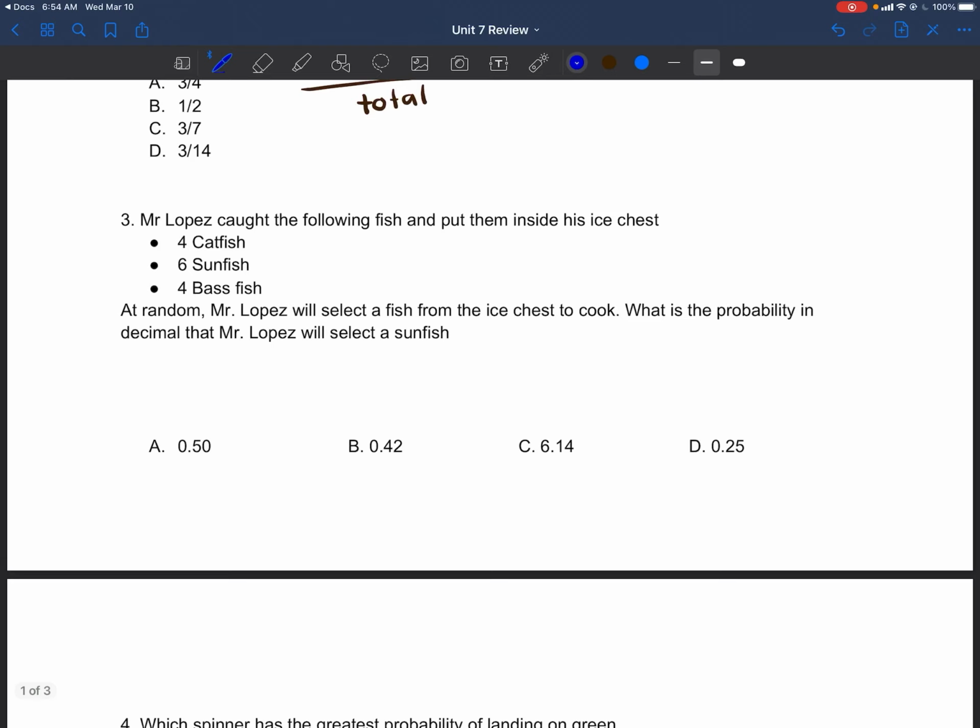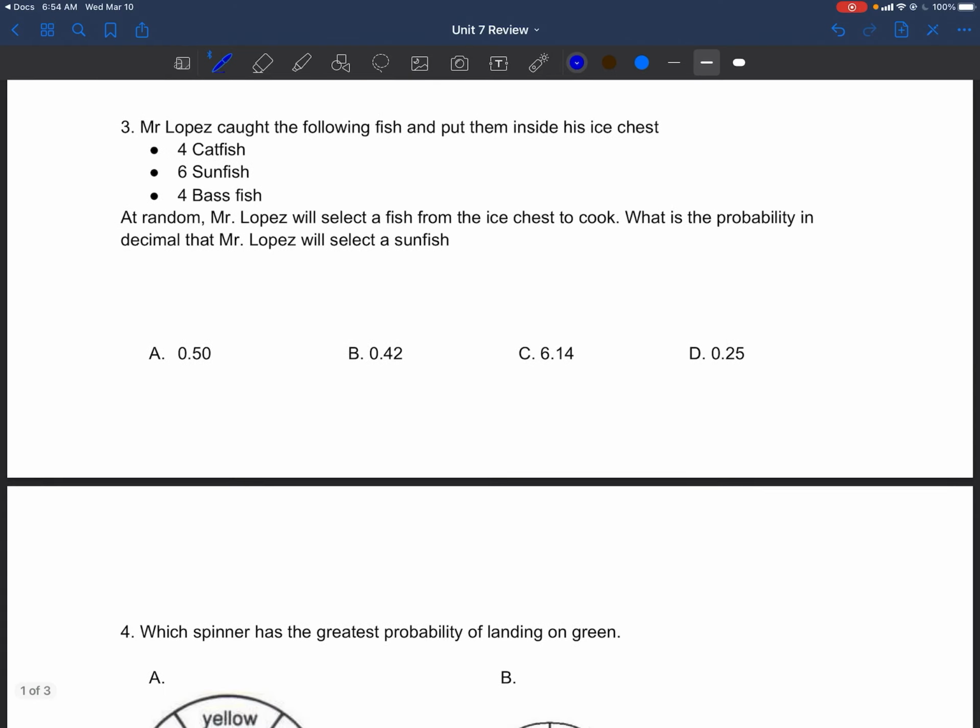Number 3. It says Mr. Lopez caught the following fish and put them inside his ice chest. We have 4 catfish, 6 sunfish, and 4 bass fish. I think that's how you pronounce it. Bass. Anyways, the point is that the total so far is 14.